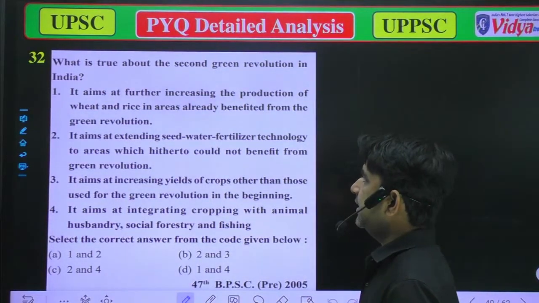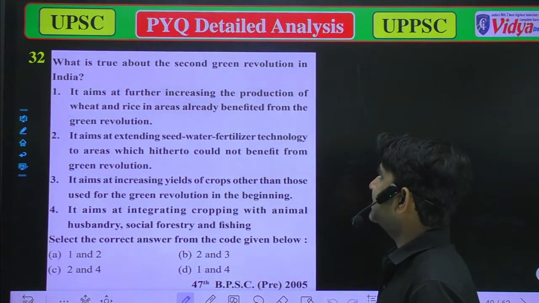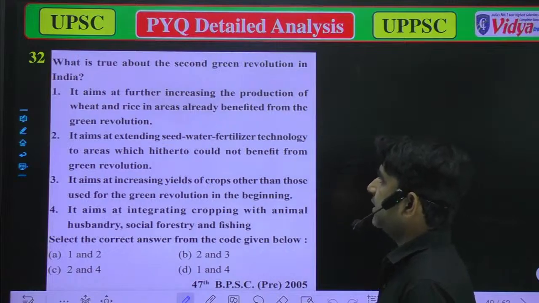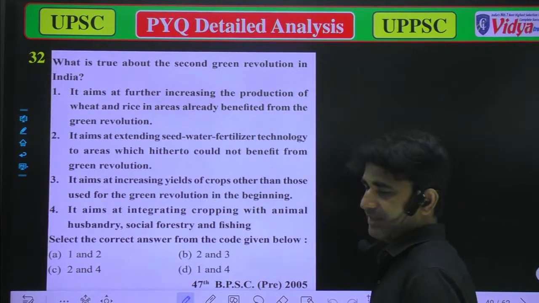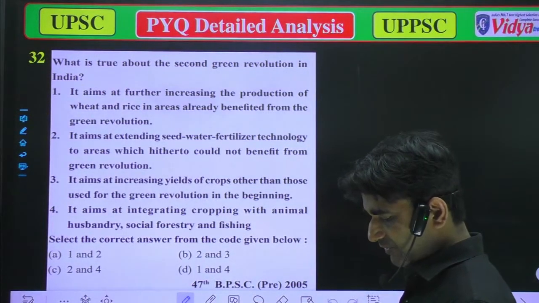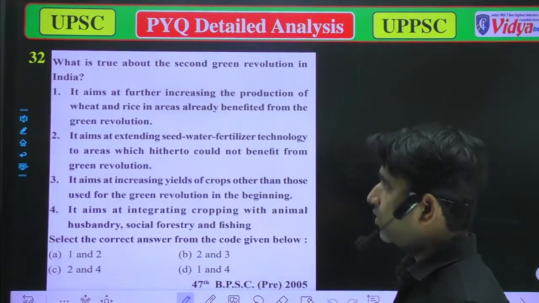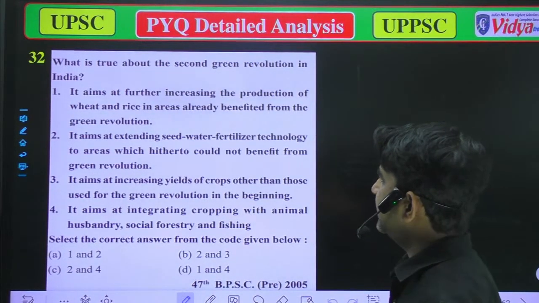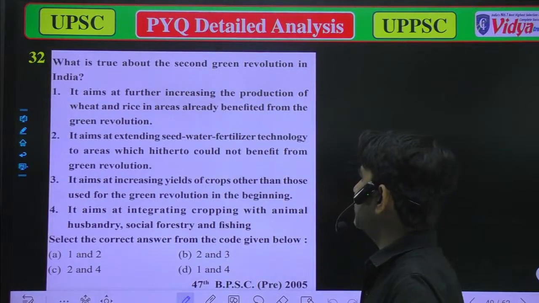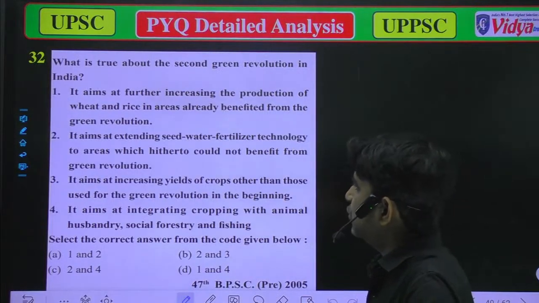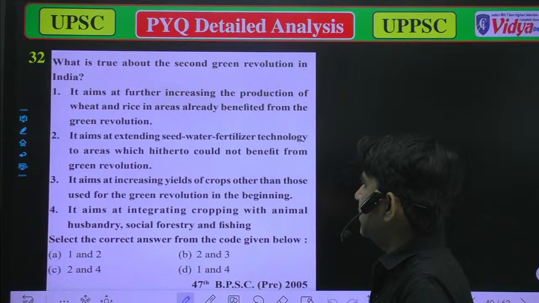First, it aims at further increasing the production of wheat and rice in areas already benefited from the green revolution. Second, it aims at extending seed, water, and fertilizer technology to areas which could not benefit from the green revolution.